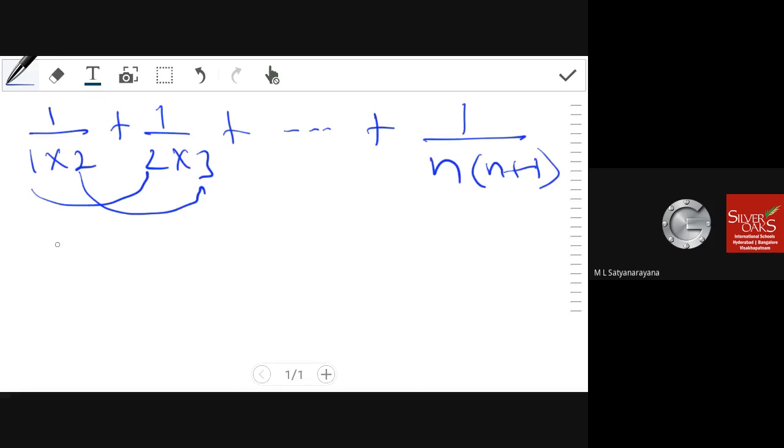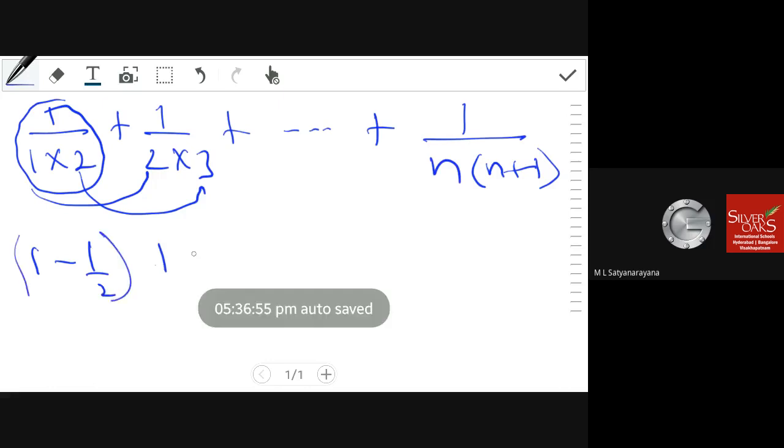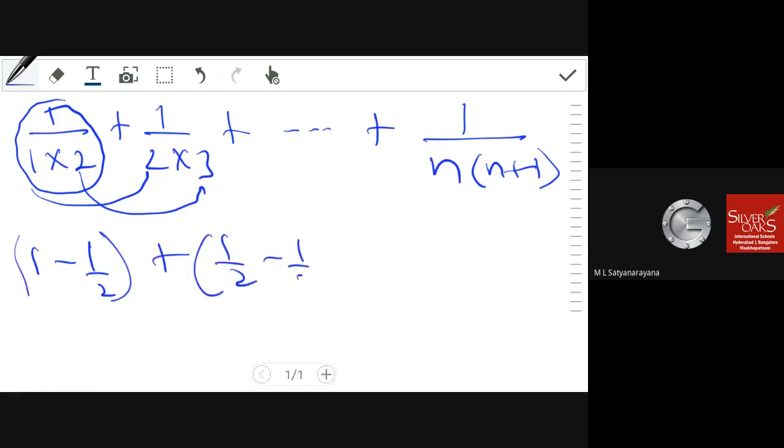The second thing is you can write 1 by 1 into 2 as 1 minus half. Take LCM, you'll get that. Then 1 by 2 into 3 is 1 by 2 minus 1 by 3, and so on, up to 1 by n minus 1 by n plus 1. Now look carefully.